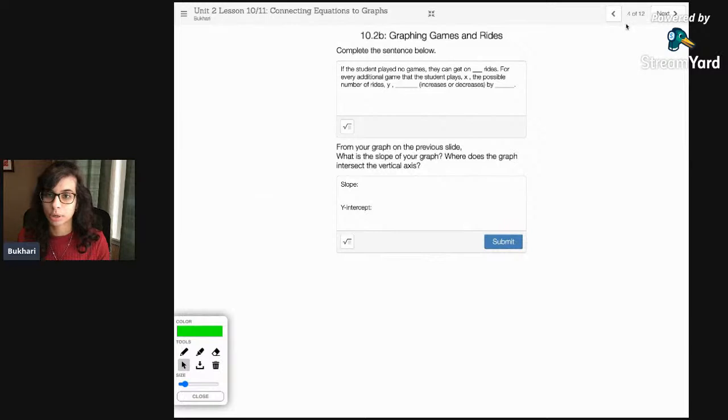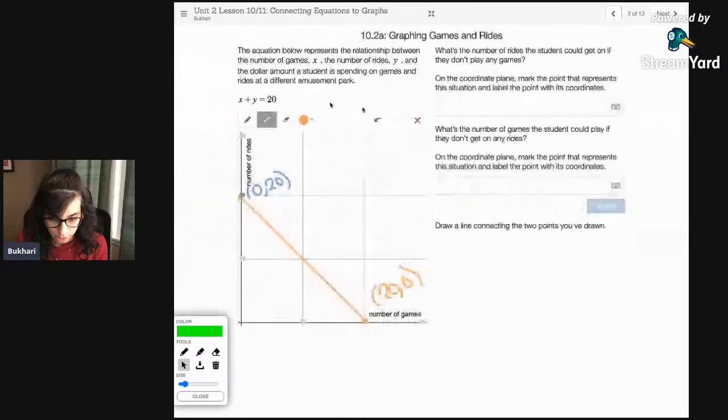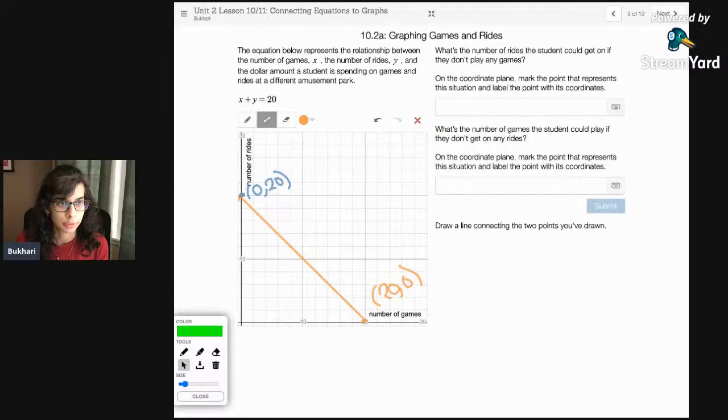So then moving forward, we start to want to build a relationship between the graph itself and properties of the graph, right? So if the student played no games, they can get on 20 rides. We were able to see that. For every additional game the student plays, the possible number of rides increases or decreases, right?